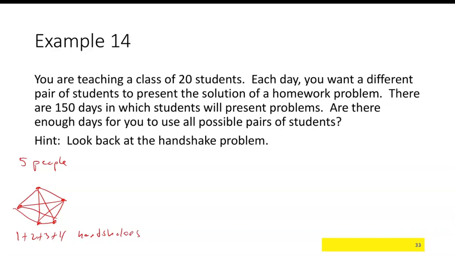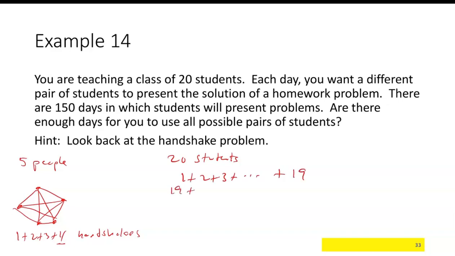So in this case, since there's 20 students, it looks like for 5 people, I would have 1 less. So I'd be 1 plus 2 plus 3 plus 4 handshakes. For 20 students, following the same pattern, this would be 1 plus 2 plus 3 all the way up to plus 19.